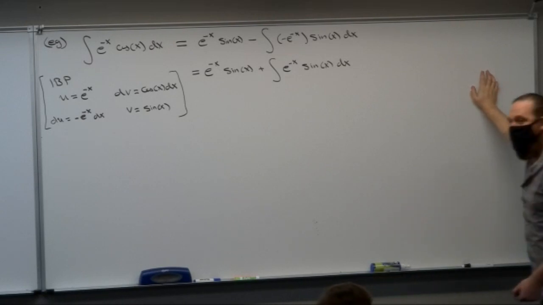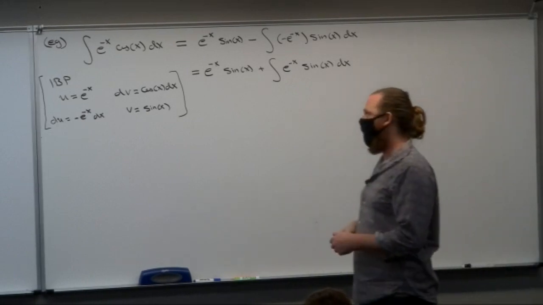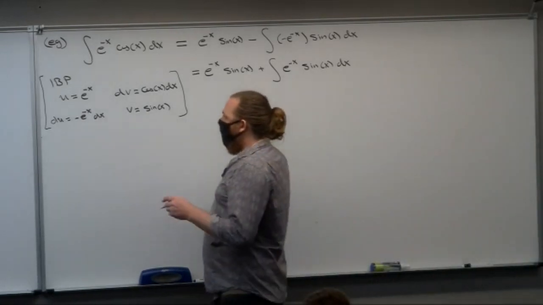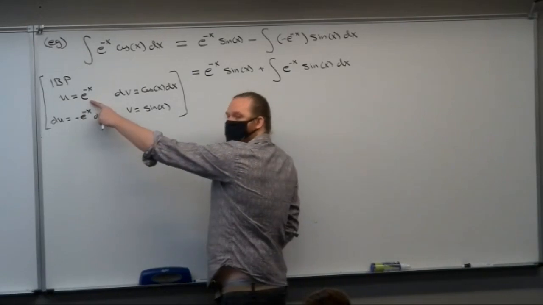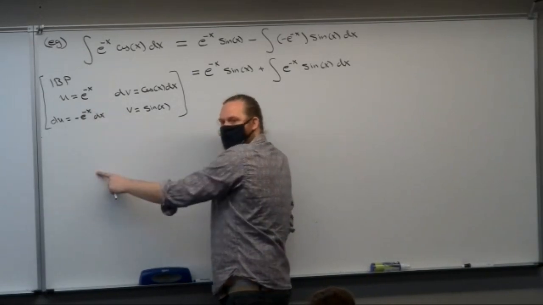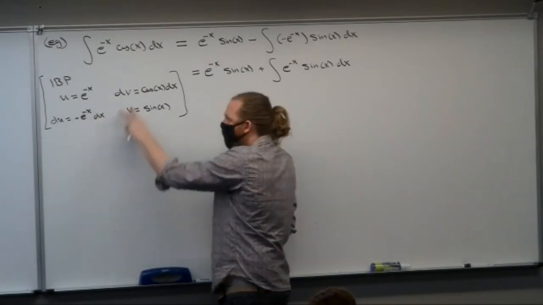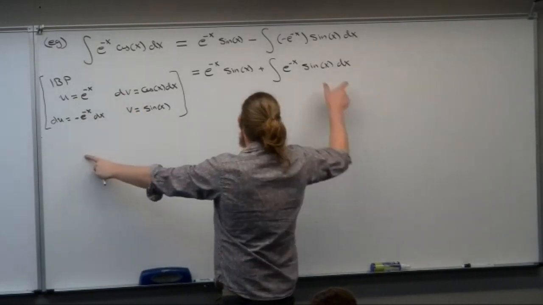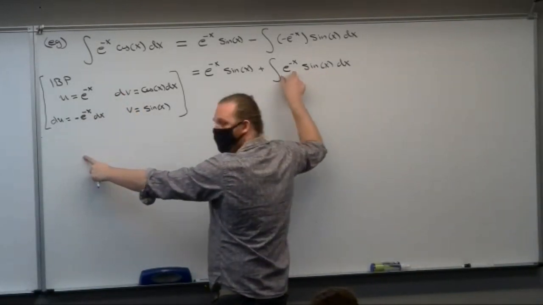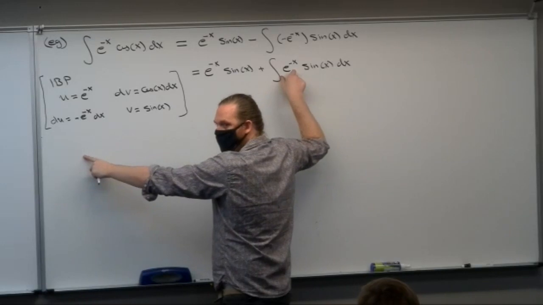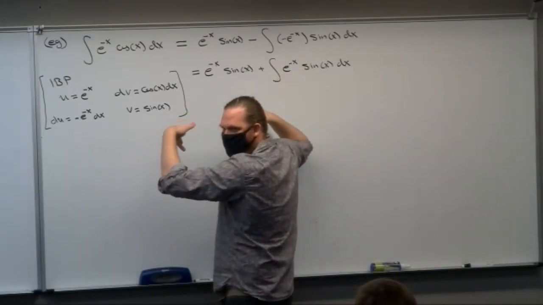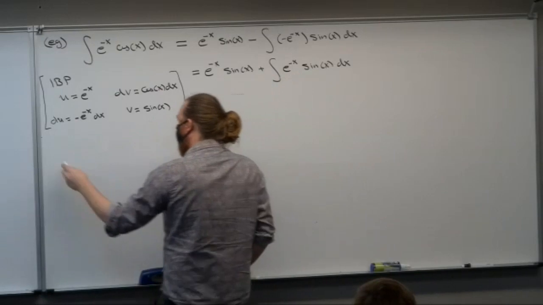And that's actually a good thing. That's why we call it a looping integral. Very important here, if you pick the exponential to be u the first time, you must pick it to be u the second time. If you swap these, and in your second run do the trig for u and the exponential for dv, then you will end up just undoing what you did. You get 0 equals 0, which is not useful.